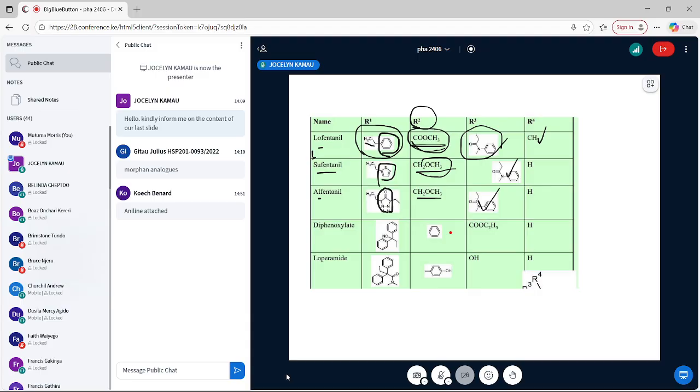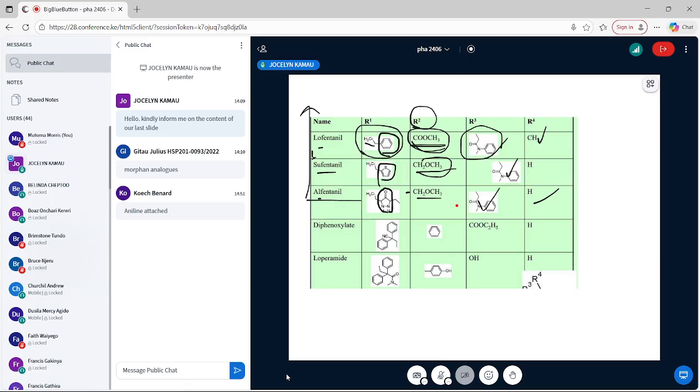Again, you have an ester joining through that, with CH2. And the other group is the same, because these compounds, as we have said, are phenylpiperidines, and then it has a hydrogen. So those now are the phenylpiperidines. We have examples: fentanyl, sufentanil, lofentanil, and alfentanil.